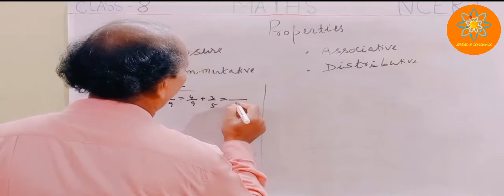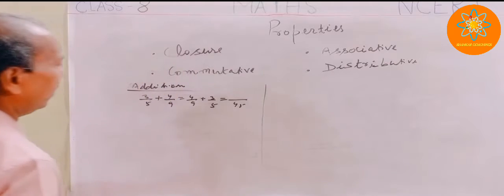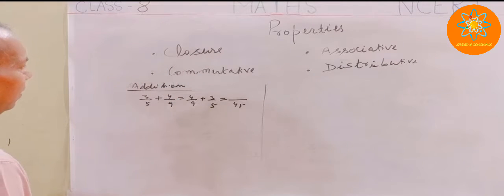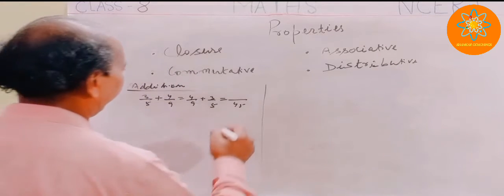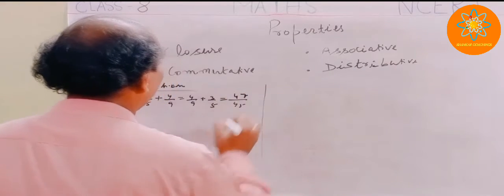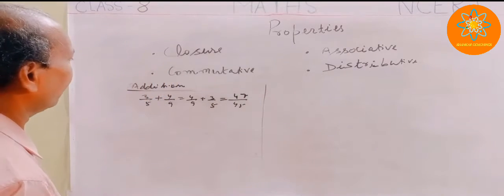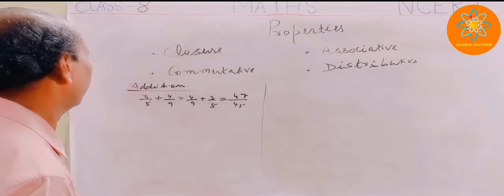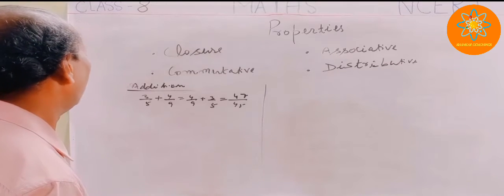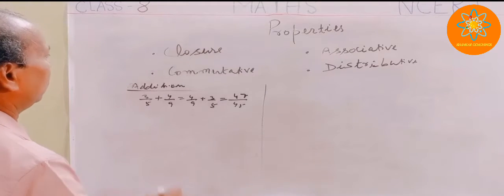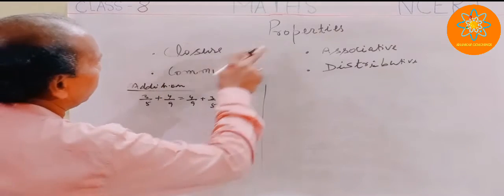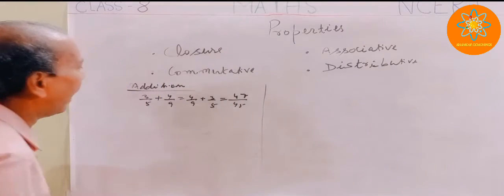The value is 47 by 45. So the commutative property is true for the case of addition.